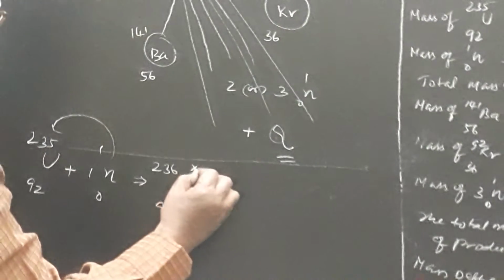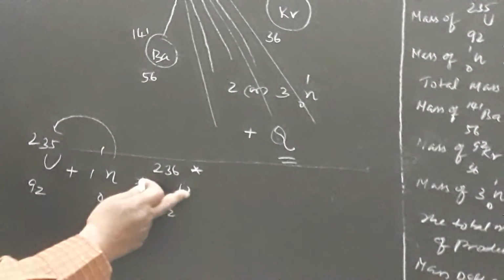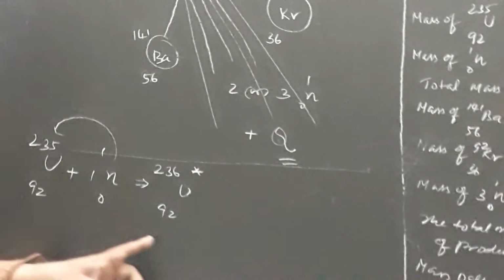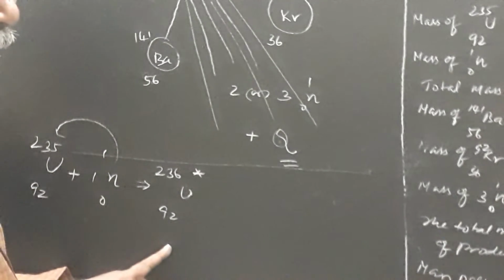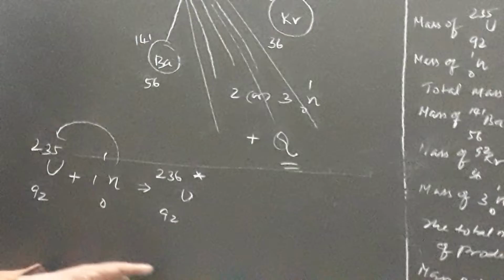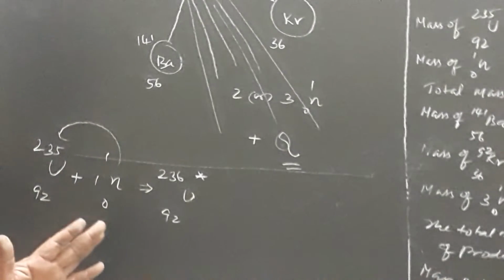This is an isotope of uranium, which is unstable. It is no longer to be in the excited state.